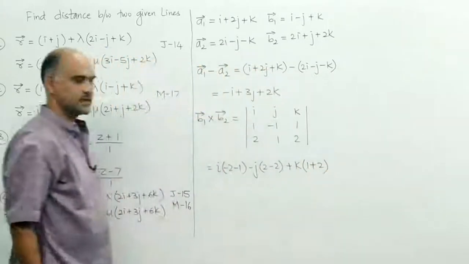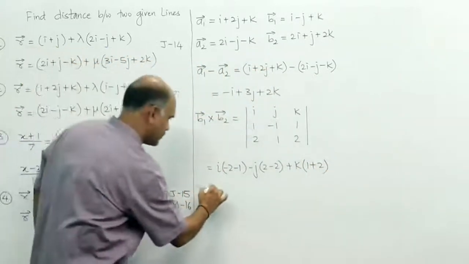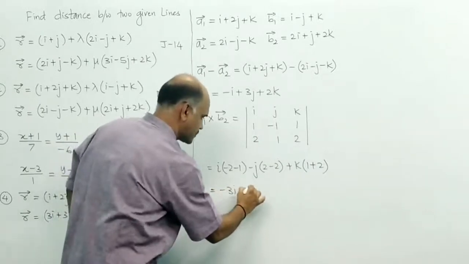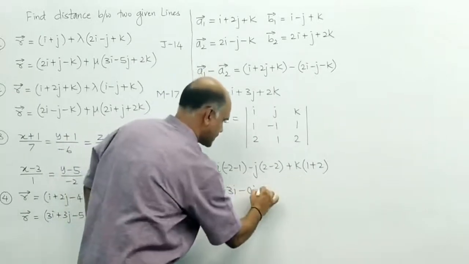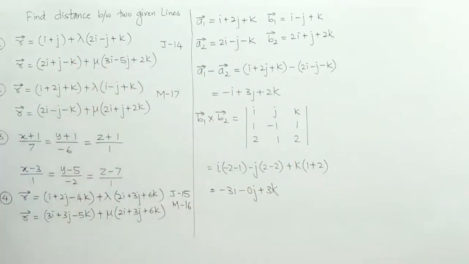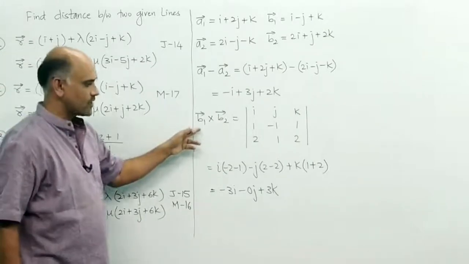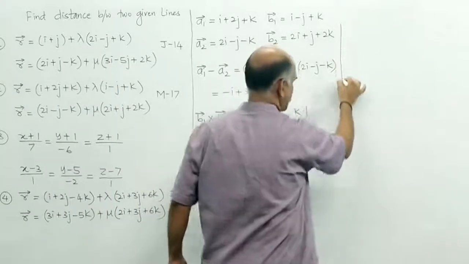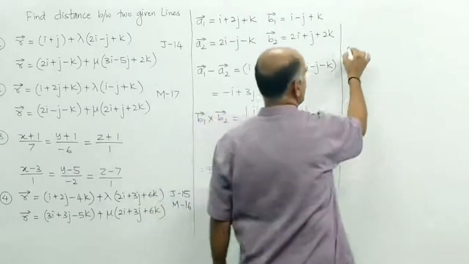So you will have minus 3i, 2 minus 2 is 0j, 1 plus 2 is 3k. Correct, students? You will have minus 3i minus 0j plus 3k. Now in the third step, you are required to find the magnitude of this. So find the magnitude of b1 cross b2.